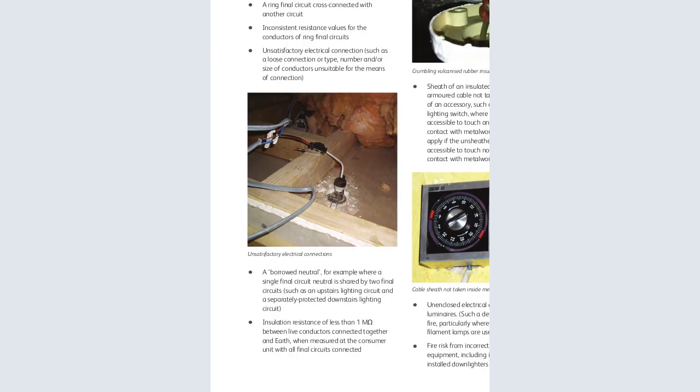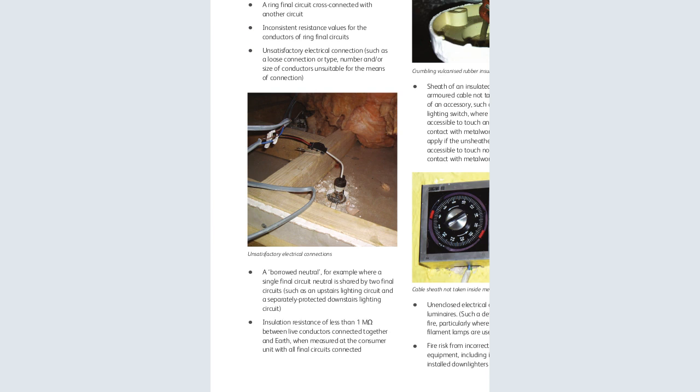So, a borrowed neutral, for example, where a single final circuit neutral is shared by two final circuits, such as an upstairs lighting circuit and a separately protected downstairs lighting circuit. So it is also hazardous.